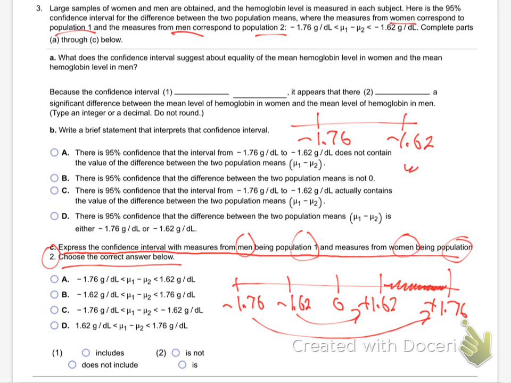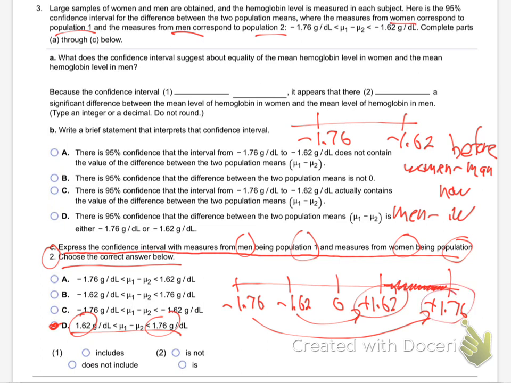Because before we had women minus men, and now we're taking men minus women. So we switched it around, so it's just going to change the signs. So the answer on this one is D, positive 1.62 to positive 1.76.